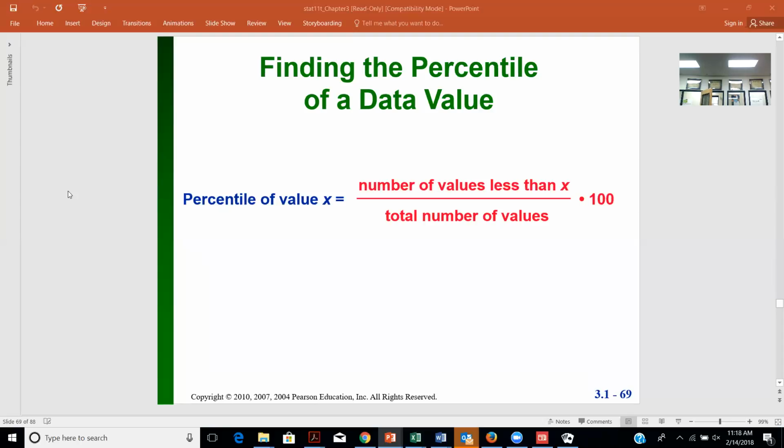And what's that number? It's .45. So this is 45%. Which logically makes sense.